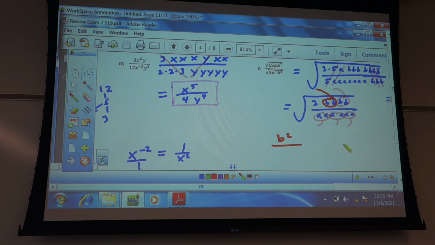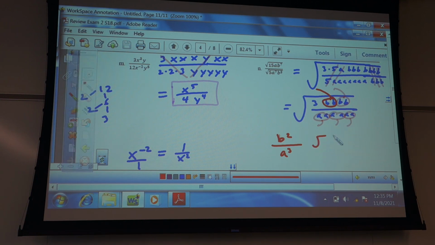If it's on the bottom, it stays on the bottom. If it's on the top, it stays on the top. I have 3 a's coming out, but they're on the bottom. Everybody see that? So those a's, I have 3 a's on the outside, but they're on the bottom. What am I left with? I'm left with the square root of 3 inside on the top.